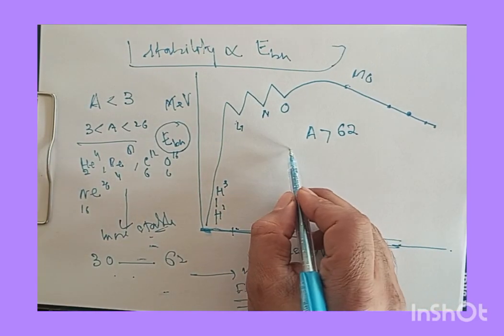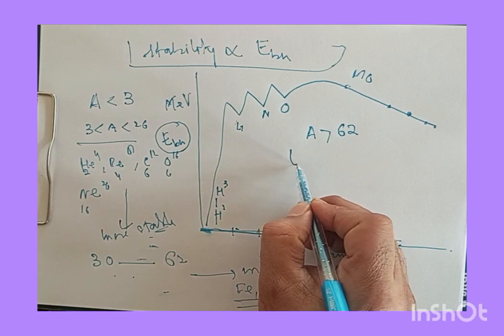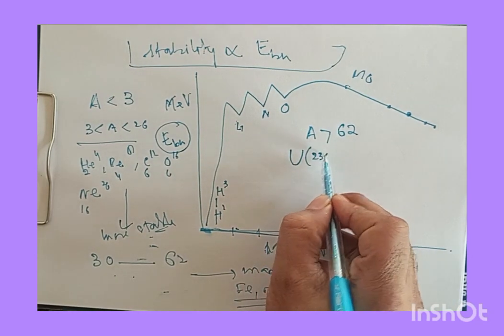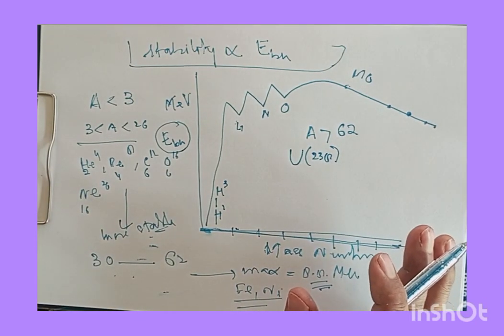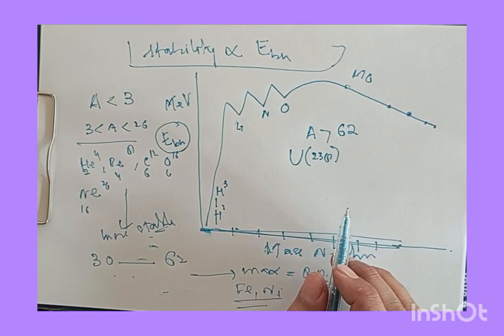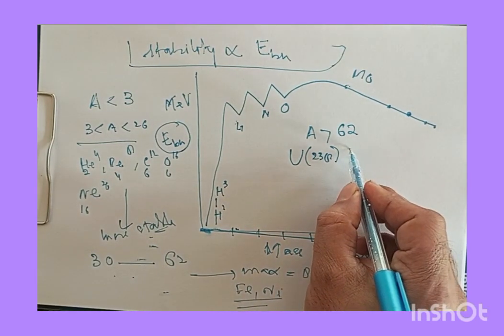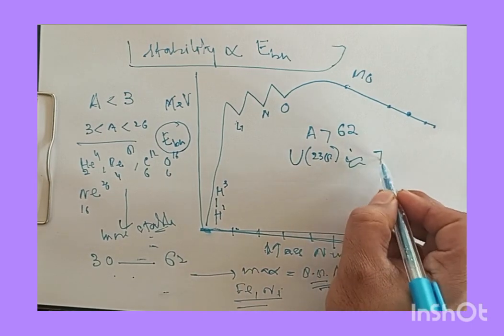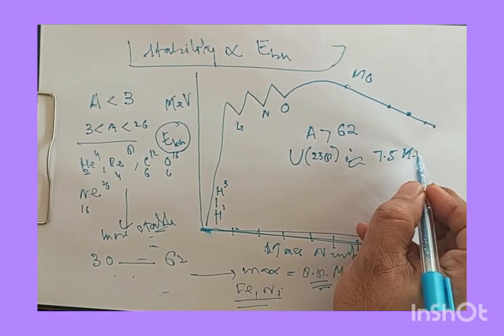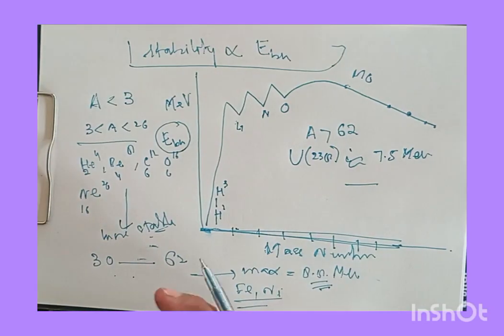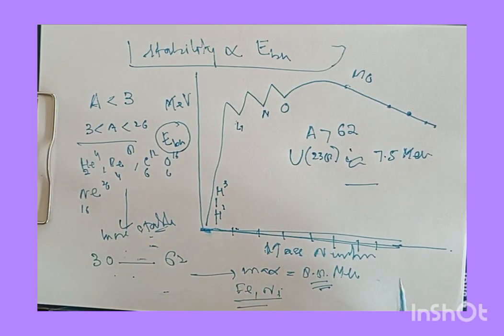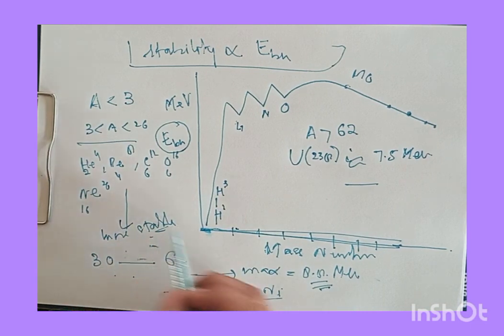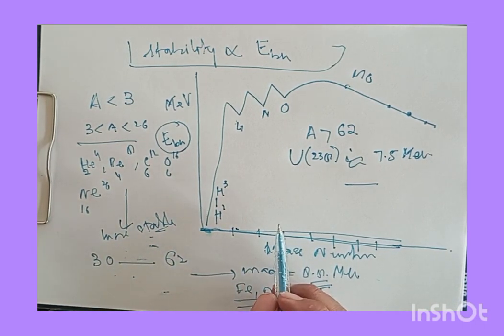For uranium 238, one of the heaviest natural elements, the value of binding energy per nucleon drops down to 7.5 mega electron volts. These were some of the important observations of this binding energy curve.